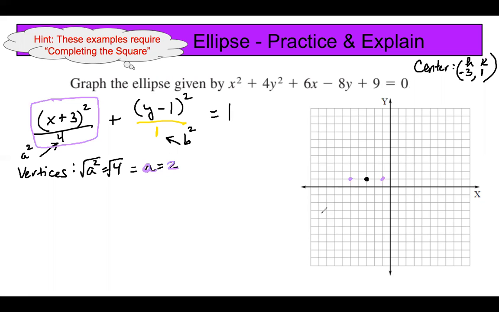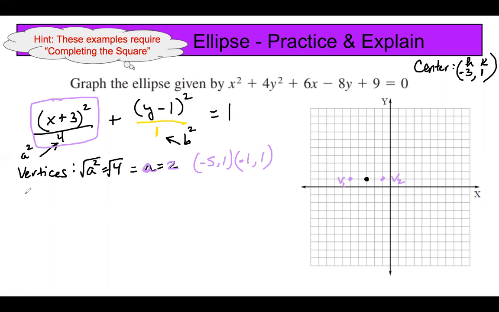So this is going to be a really small ellipse, but that's okay. So now I know the vertices, and I can mark V for vertices, vertex 1, vertex 2. They're going to be at (-5, 1) and (-1, 1). Okay, so those are your vertices.